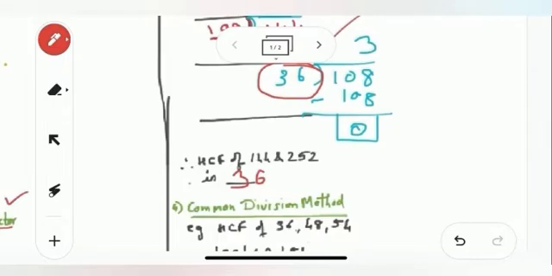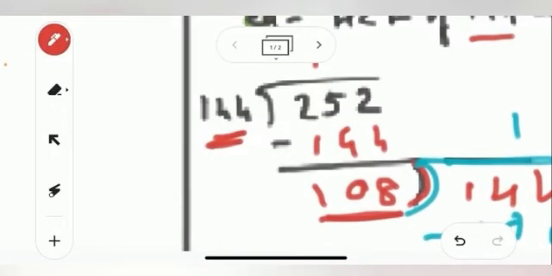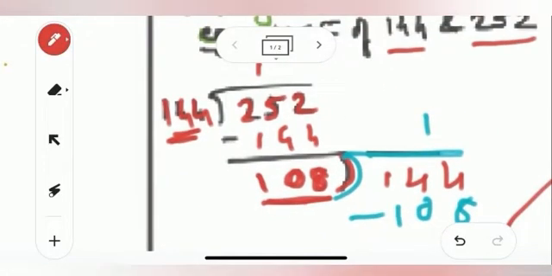So this is the long division method. Again I'll explain how you have to do it. The greater number you have to divide with the smaller number. Whatever remainder you get here, 108, that you will divide, the divisor you will write here.